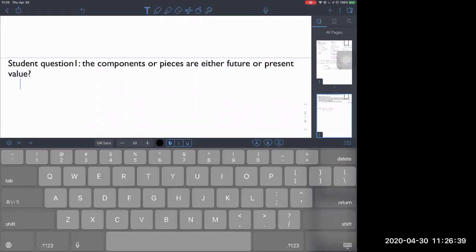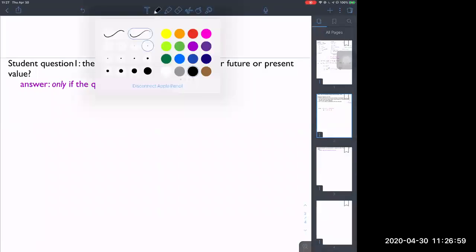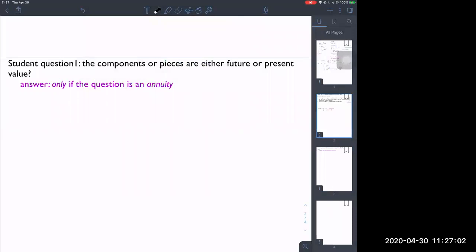And my answer to that is that only if the question is an annuity, right? Because what if you have a question that has the words compound continuously in it? That is not an annuity.